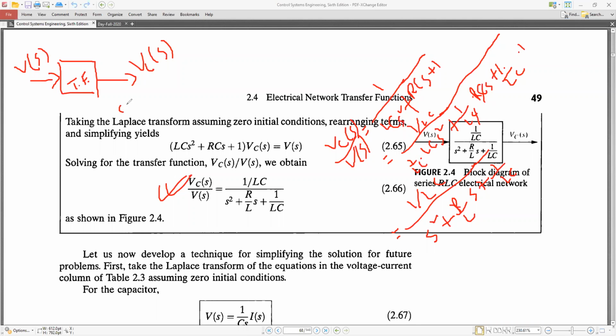So that is your open loop control system. Okay, so that is your answer of this one. So I think this one is clear.